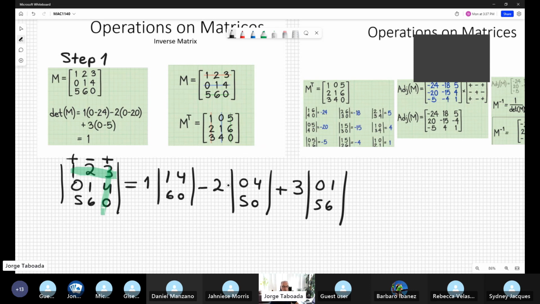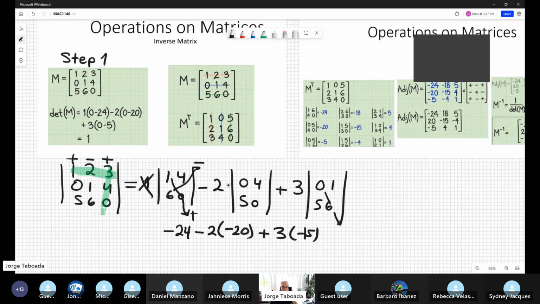Okay. Now 1 is nothing. Multiplication is 0 minus 24, so minus 24. Remember, this multiplication is positive, you don't change the sign, and here you introduce artificially negative 1. Minus 2 times, and this is 0, and this is minus 20. Actually, it's positive 40, no? Together, plus 3 times. This is 0, and this is 5, but negative, that's minus 15.